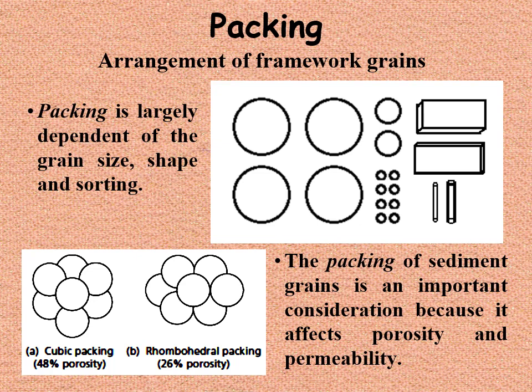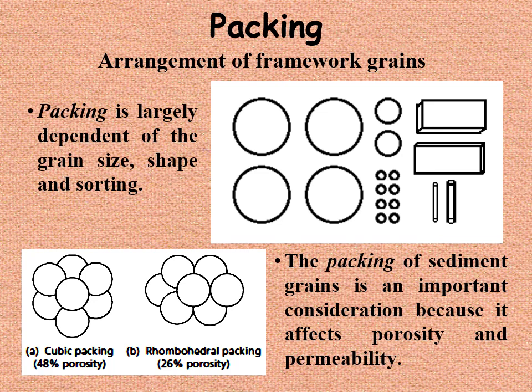Here you can see that, as I already told you, packing is dependent on shape also. If tabular grains are there, there will be less amount of empty space. Also the alignment of the grains matters. Suppose within three spherical grains, a large rod-like grain occurs in an inclined way.